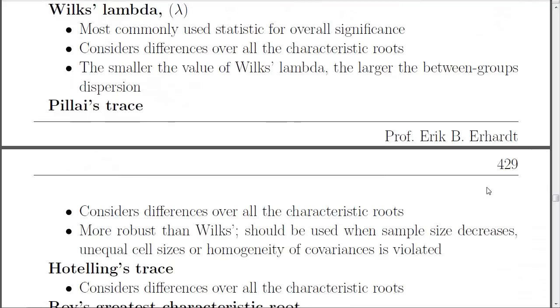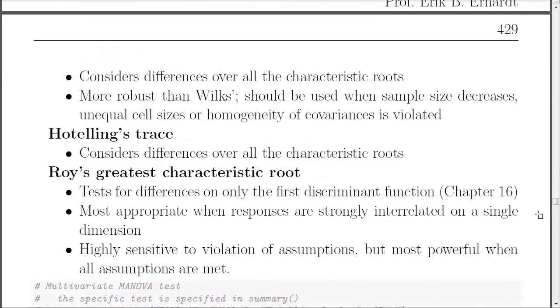Pillai's trace is another one. It also considers all characteristic roots, and it's a little bit more robust than Wilks' lambda to differences from model assumptions. So if your model assumptions are violated, Pillai's trace may be a better choice.